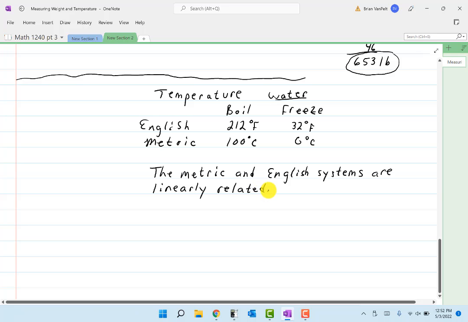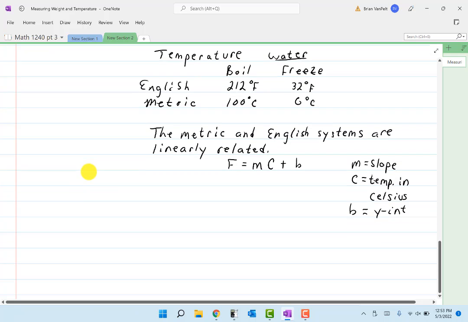What that means is the formula that I have is this: F equals M times C plus B, where M is the slope, C is the temperature in Celsius, and B is the y-intercept.